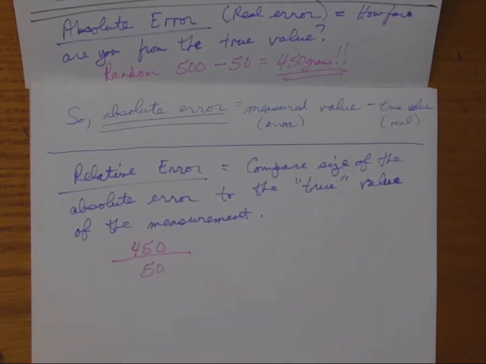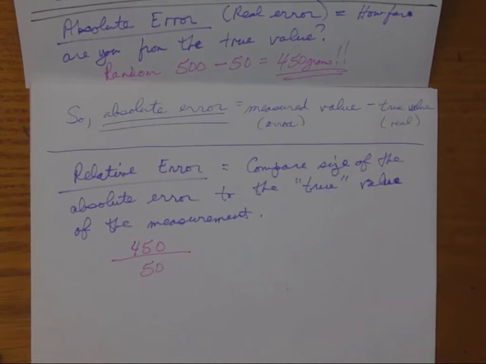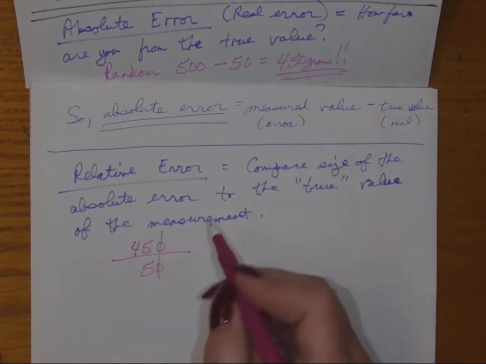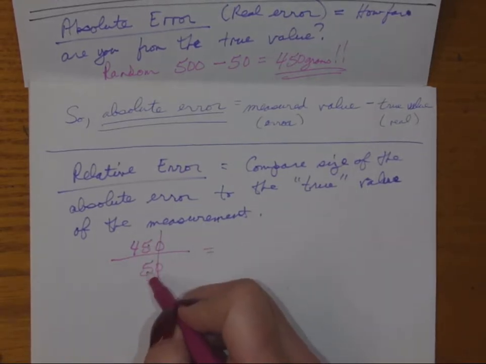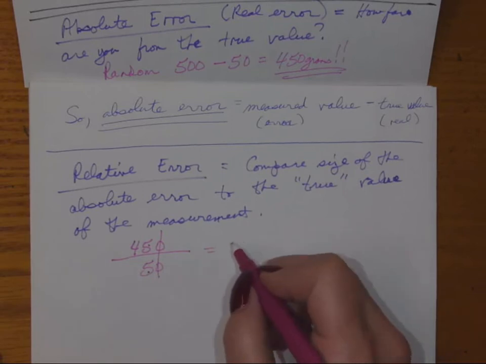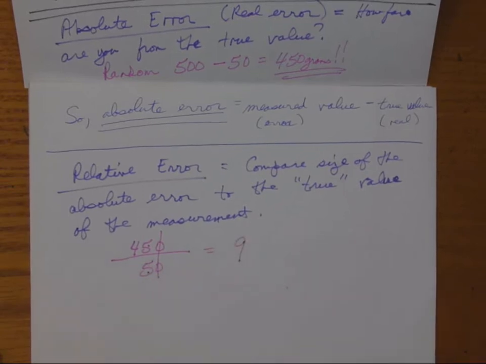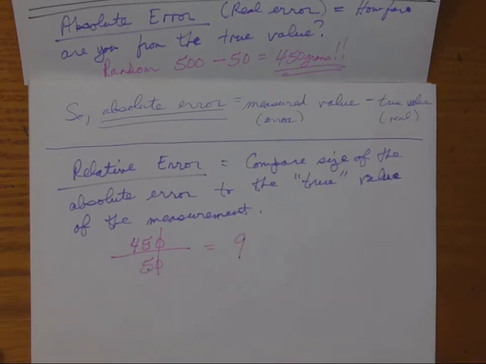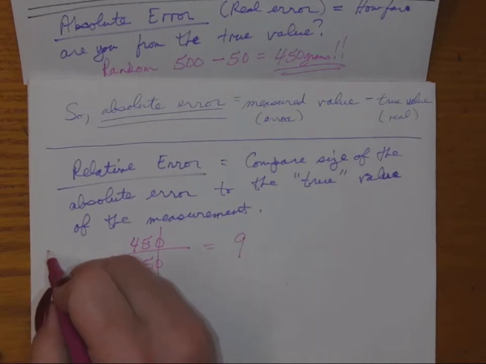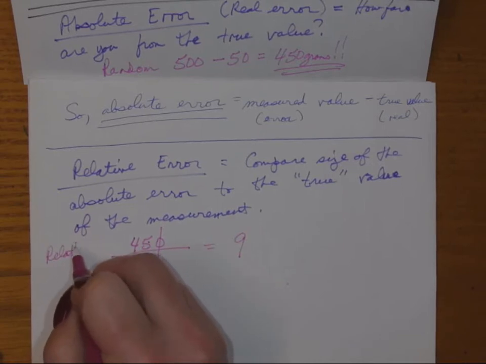We'll go back and measure him just to make sure. That gives me, well, we can reduce. 45 divided by 5 is 9. So it's 9 times the actual value. I'm off by 9 times the actual value. So this is my relative error.